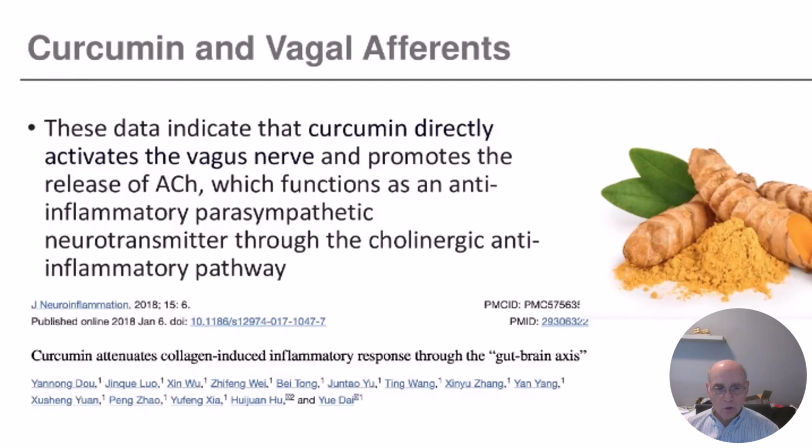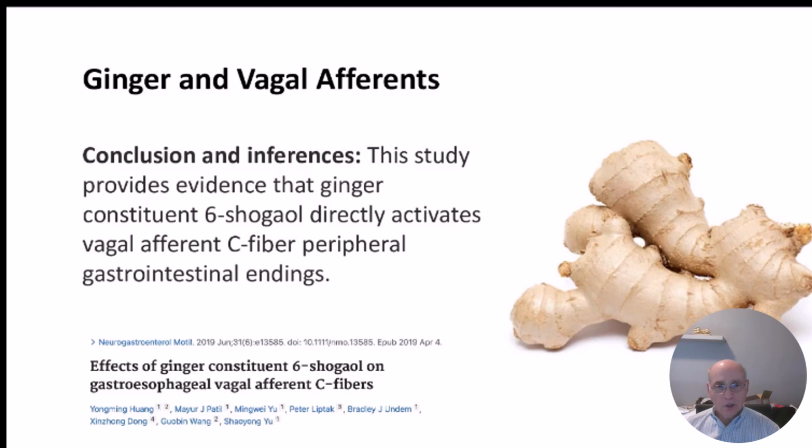And some other nutrients that might be helpful with the vagus: curcumin. This data indicates that curcumin directly activates the vagal nerve, helps to release acetylcholine, which is the major anti-inflammatory parasympathetic neurotransmitter. Ginger and the vagus.